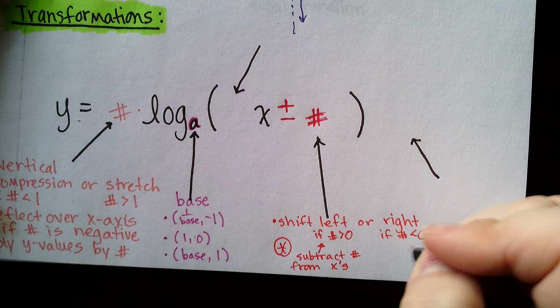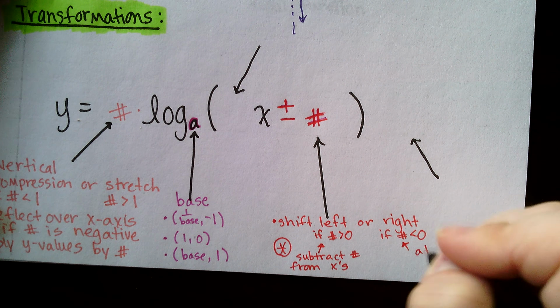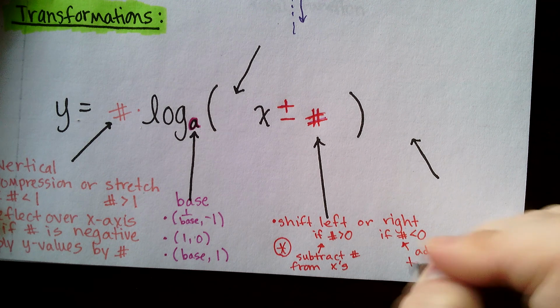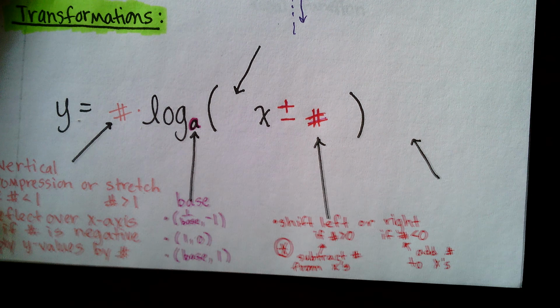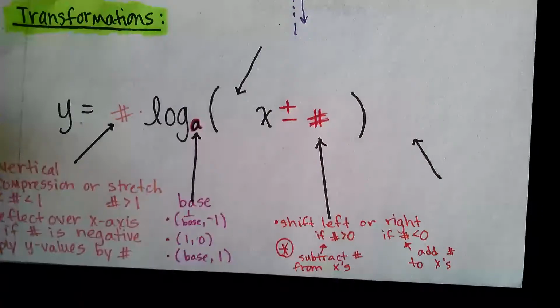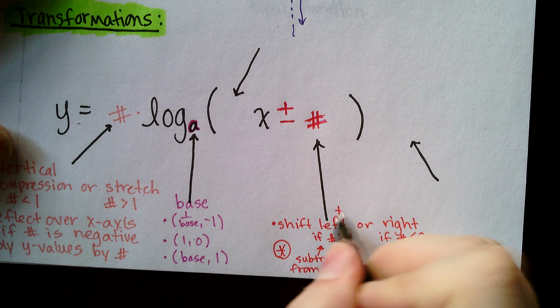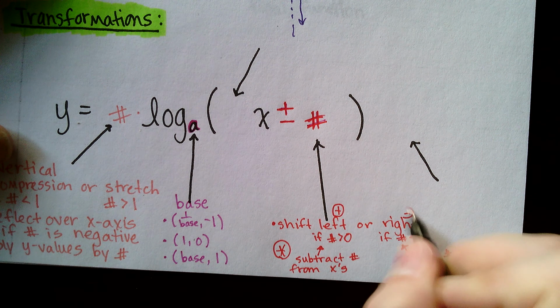If we're shifting right, then we're going to add that number to the x's. So it's left if it's positive, it's right if it's negative.